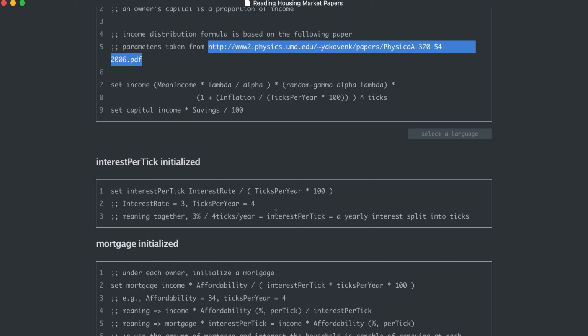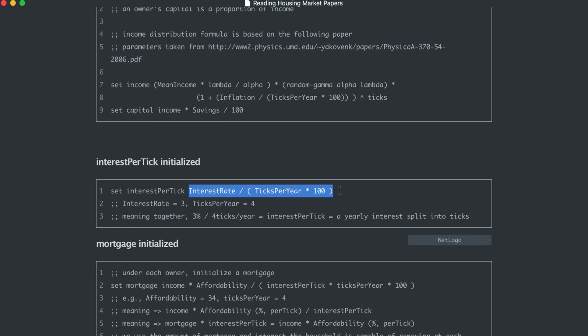If we say a year equals 4 ticks, the interest rate per tick can be calculated using this formula. We first get the interest rate by year, and then we divide it by the 4 ticks. Therefore, we get the interest rate per tick.